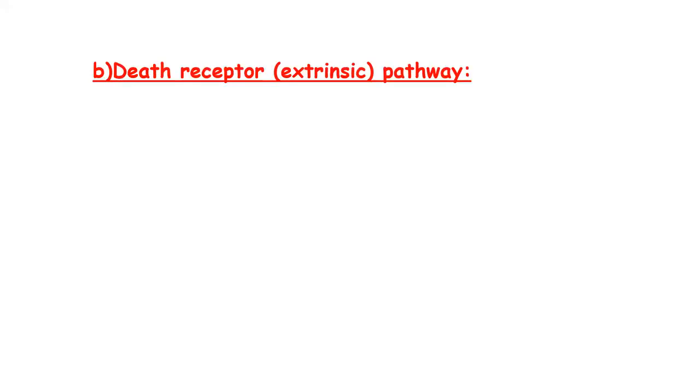The other pathway of apoptosis, which is responsible for the minority of the causes of apoptosis, is called the death receptor or extrinsic pathway. And why do we call it the extrinsic pathway? Because it starts from outside. The signal always starts from outside by the use of one of the death receptors present on the cell that is required to die by apoptosis.